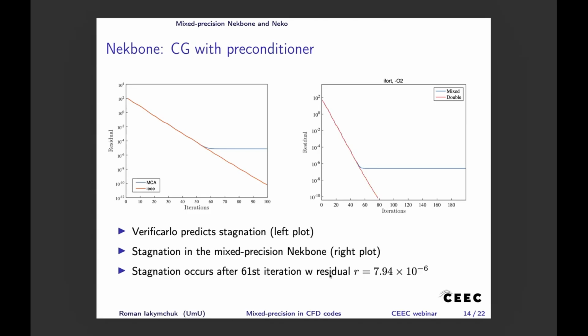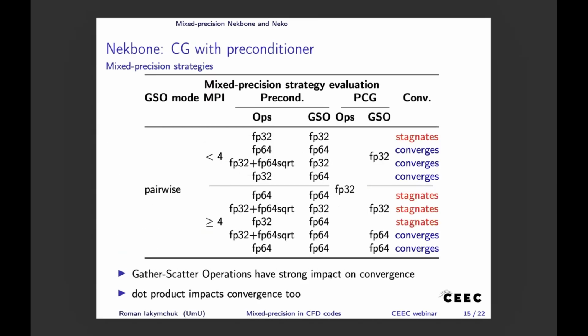So by exploring further, we did some exploration with the tool, and we were focused on pairwise mode communication. There is allreduce as well, and we tried to see when the problem appears.